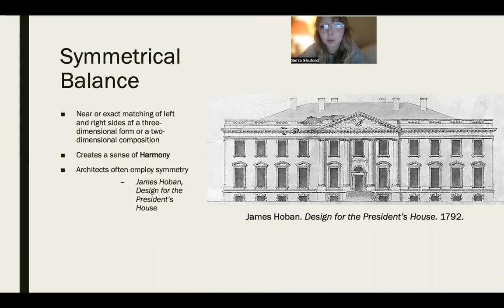And we can note that for the sense of stability and strength and power that symmetry gives. And so we like to see that in architecture as well, especially early on in American architecture. We wanted our country to feel, starting out rather new, very strong and powerful. And so symmetry in architecture early on in these buildings was really important.